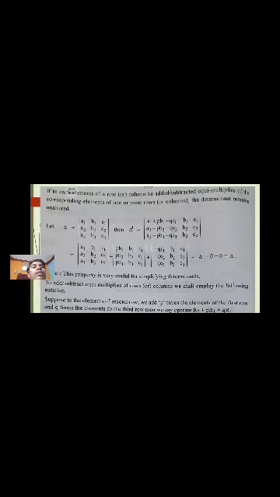And the last property here, this is the important property we mostly use to solve or to show the given result. If to each element of a row or column are added or subtracted equimultiples of the corresponding elements of one or more rows or columns, the determinant remains unaltered.